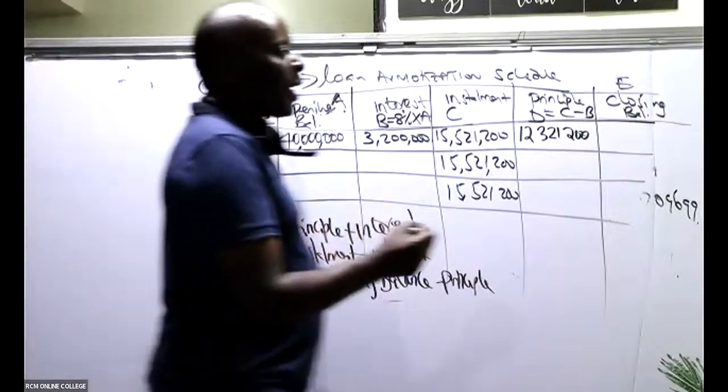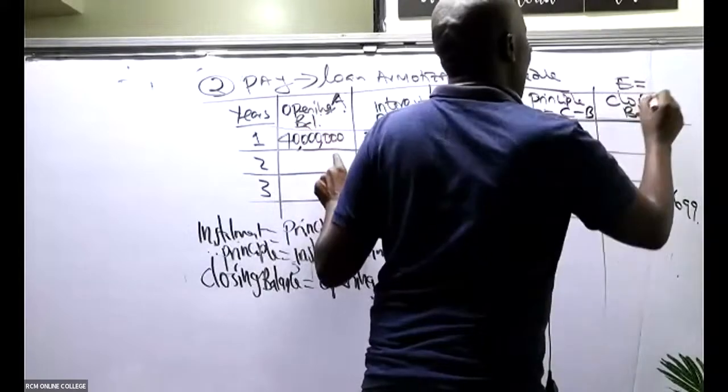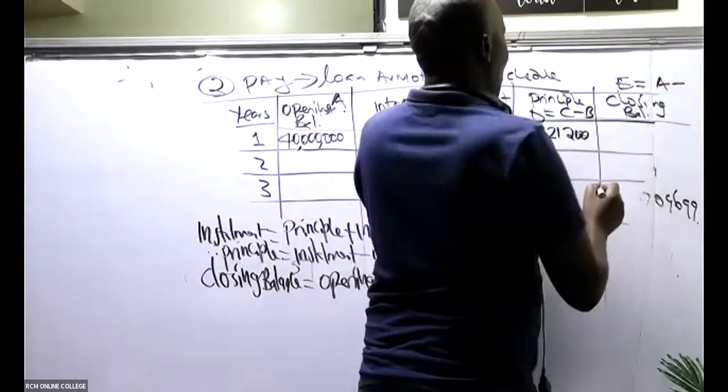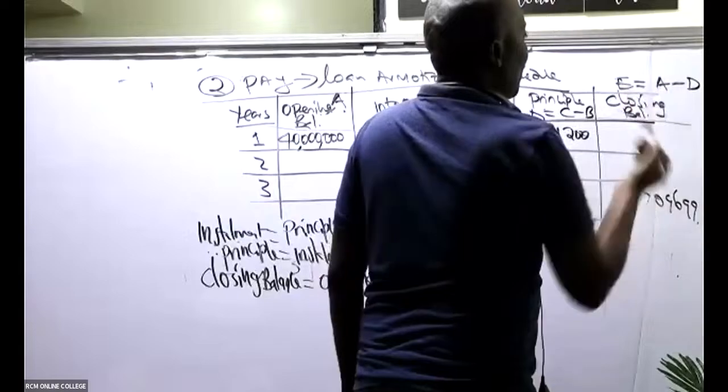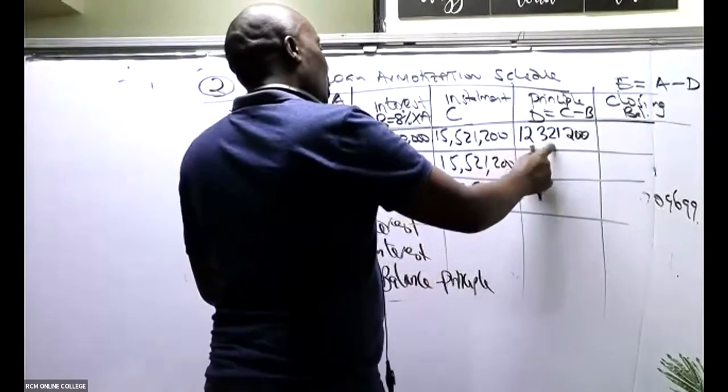Somebody has already told me that E will be equal to the opening balance, which is A, minus the principal, which is column D, A minus D. So you take the 40 million and subtract 12,321,200.